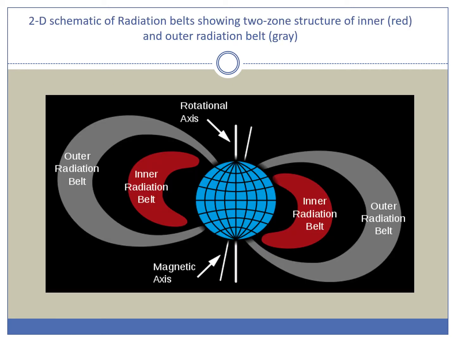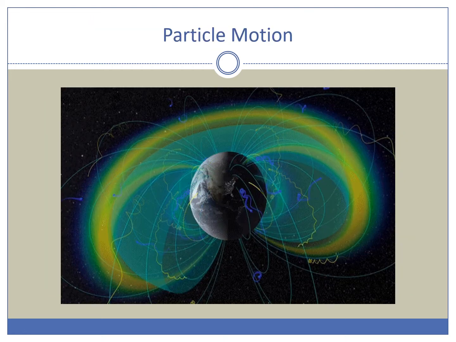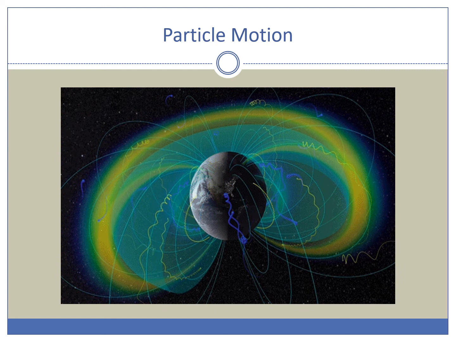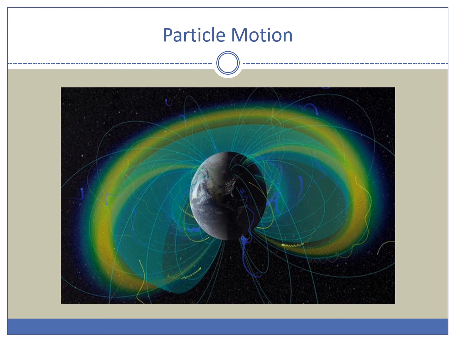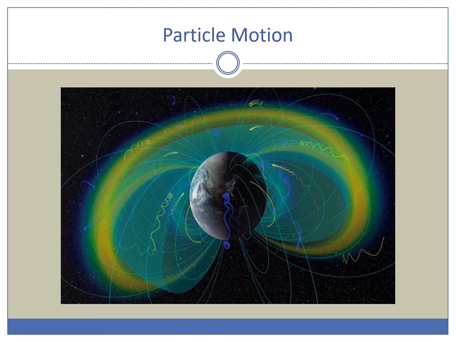Figure shows the cross-section of Van Allen radiation belts. The inner radiation belt is shown with red color and the outer radiation belt is shown with gray color. The belts are found in the inner region of the Earth's magnetosphere. In this visualization, the radiation belts with rainbow color and plasma pods with blue-green surface surround the Earth.